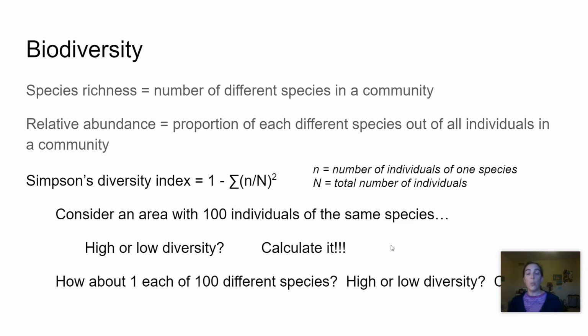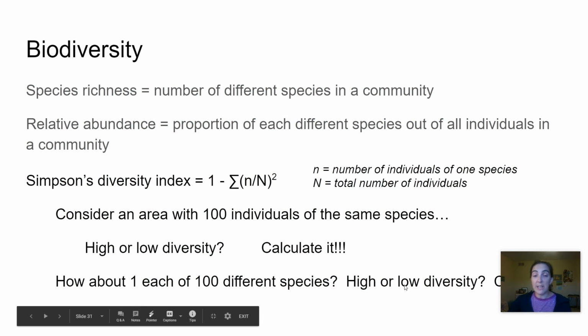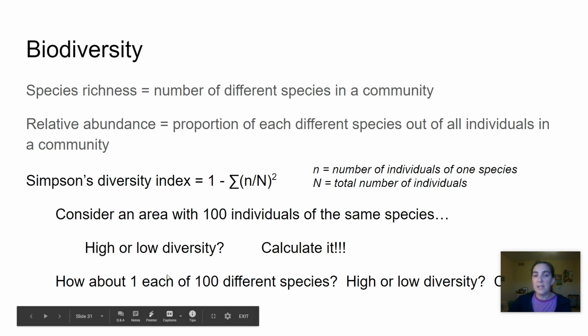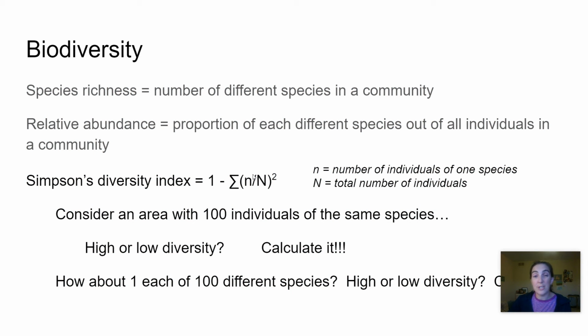If we have 1 each of 100 different species, you could go through and calculate that one, but you're going to get a much bigger number, because then the part with the summation sign is going to be 1 divided by 100 squared plus 1 divided by 100 squared, 100 times. And this summation is going to end up being a really small number.